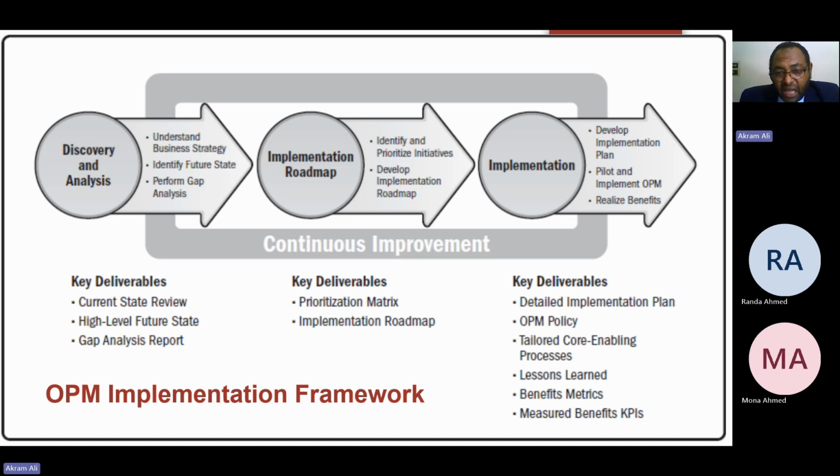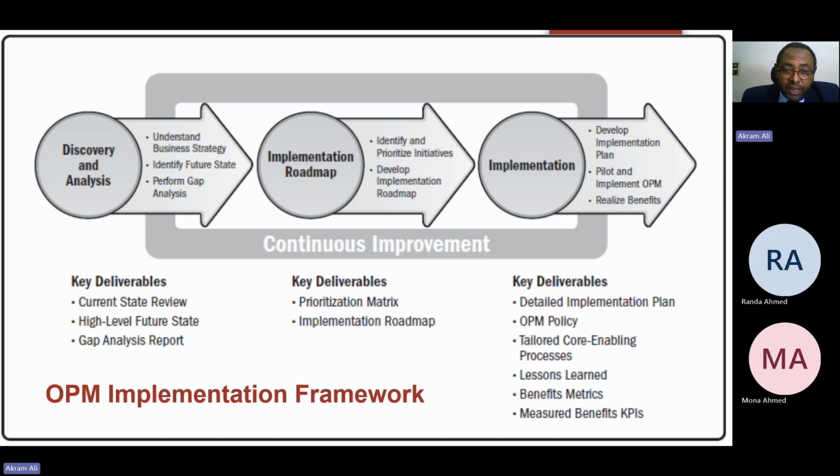And as we see, it's a life cycle enclosed in a loop of continuous improvement, that is made up of 3 phases, namely discovery and analysis, implementation roadmap, and final implementation.